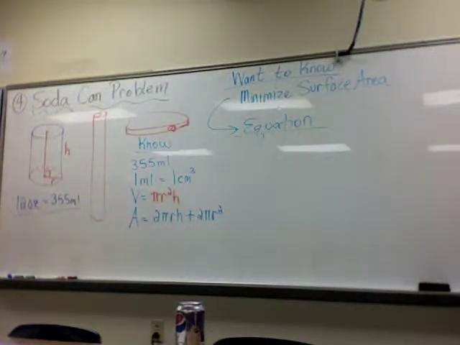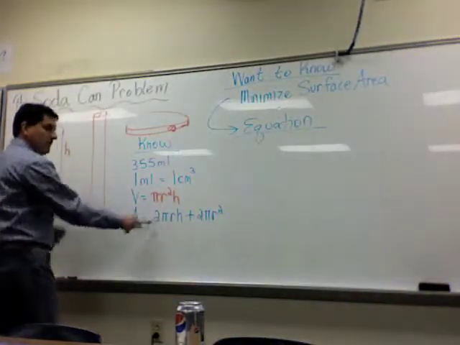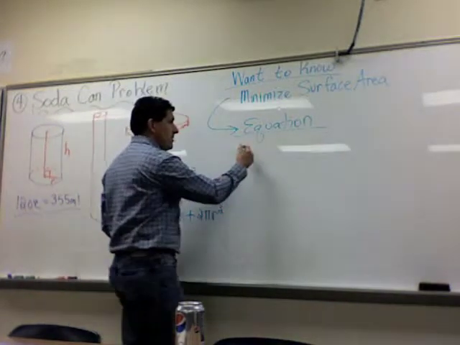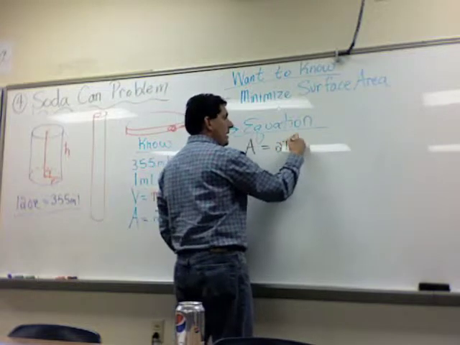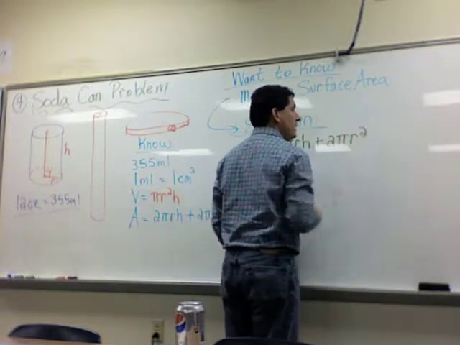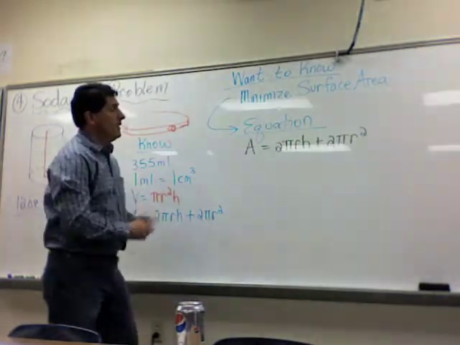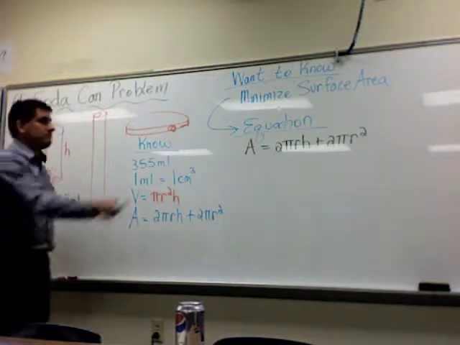The surface area. We want to find the least amount of aluminum, so we want to find the minimum value of this guy right here. So the equation that we're going to work with is A equals 2 pi R H plus 2 pi R squared. That's the puppy we're working with. I want to find the lowest value of that, the minimum.